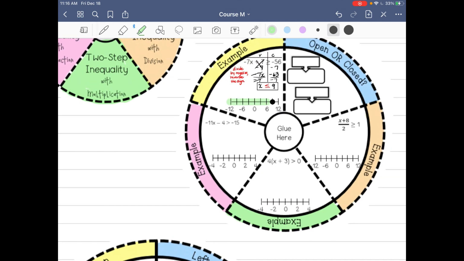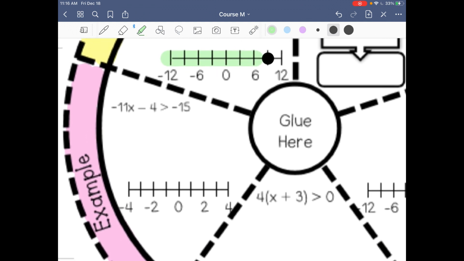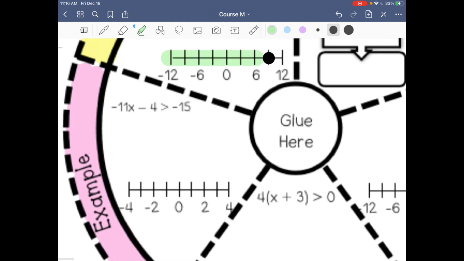Okay, example right here. My pen is getting low, so I'm going to speed up just a hair. I don't want to run out of battery power. So draw the power T, variable, constant, plus 4, plus 4, negative 11x, negative 11.